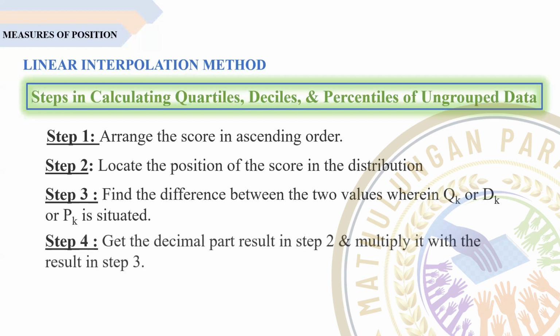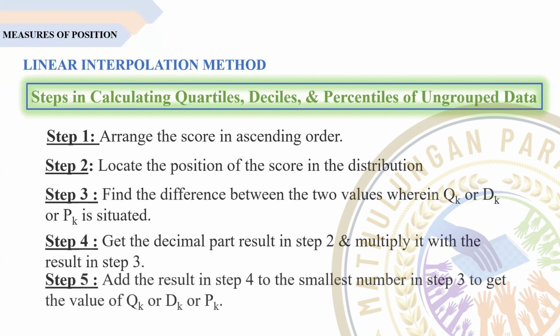Next, step 4, get the decimal part result in step 2 and multiply it with the result in step 3. And the last step, add the result in step 4 to the smallest number in step 3 to get the value of Q sub k or D sub k or P sub k. So, depende kung anong hinahanap natin.